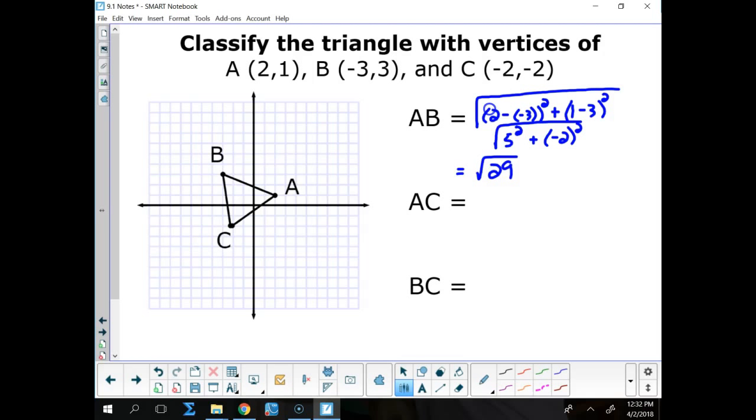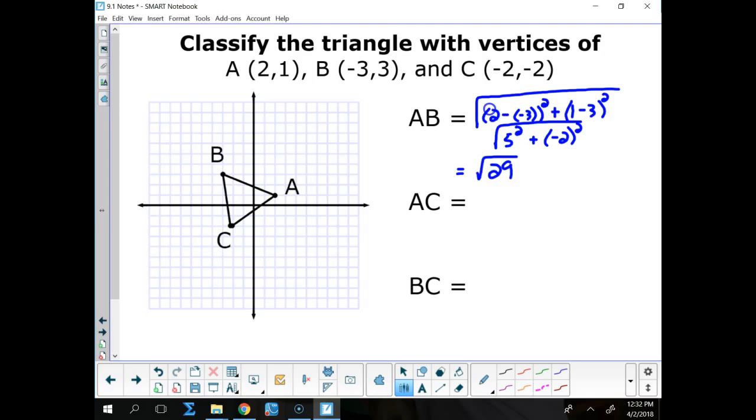No, because I just need them to be equal. I'm looking for equality. If it was asking me what the length is, then I would have to simplify that radical. Square root of 29 can't be simplified, so we're good there.